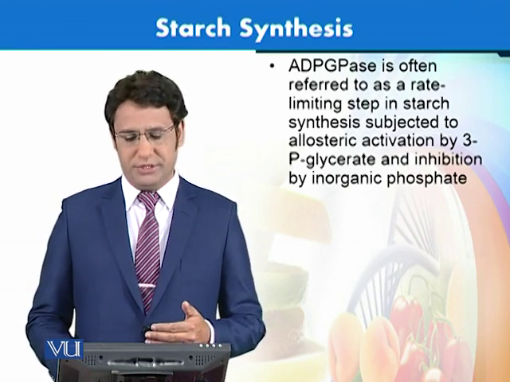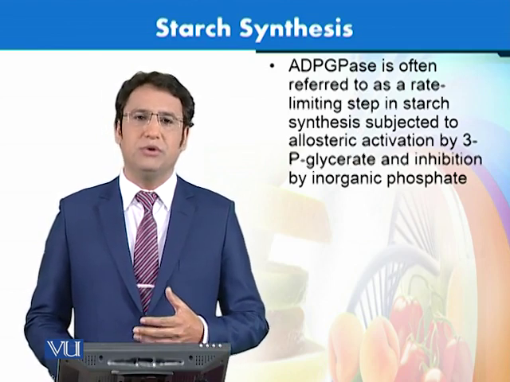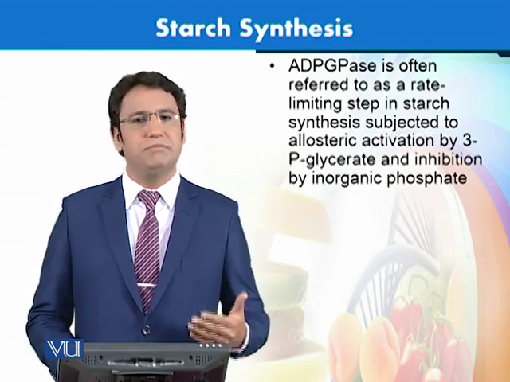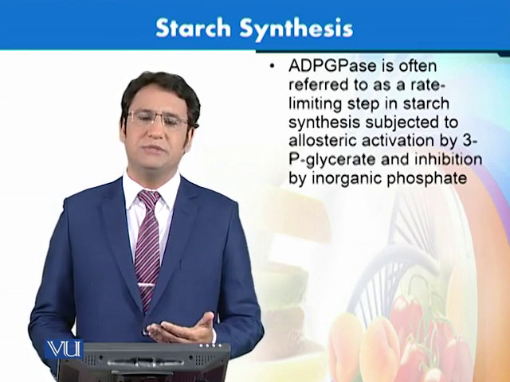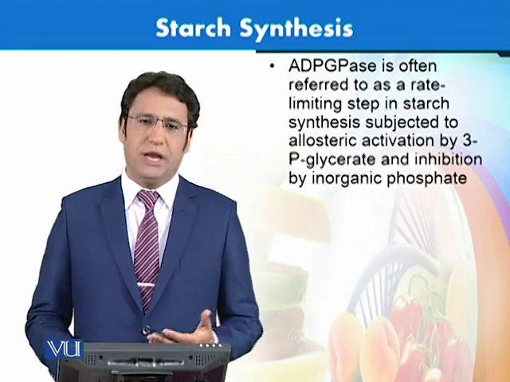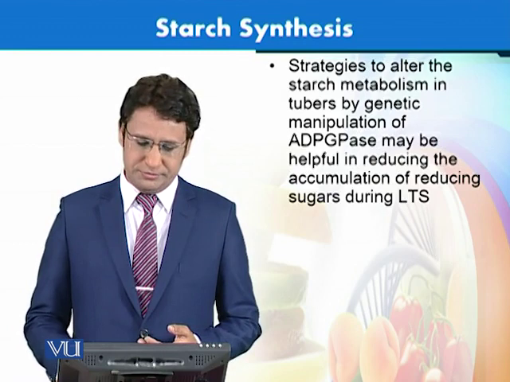So if we can control it, or know the exact mechanism of these enzymes, or activate or express the genes responsible for this enzyme, we can modify the route and mechanism for the formation of starch in tubers.